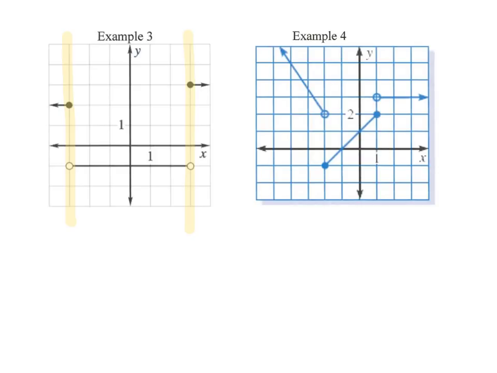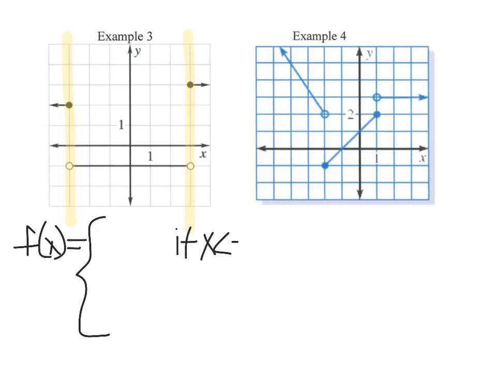So if we were to write our function for this, we would say f of x equals, and we're going to have 3 different parts. The first part is going to be if x is less than -3.